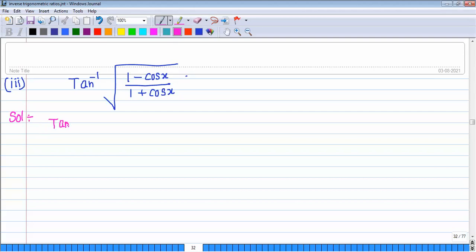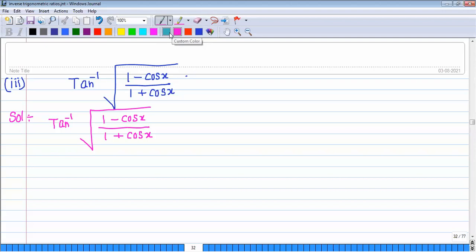Tan inverse of root of, we will do. Okay, carry on, no problem. Tan inverse of root 2 sin square x by 2 over 2 cos square x by 2.